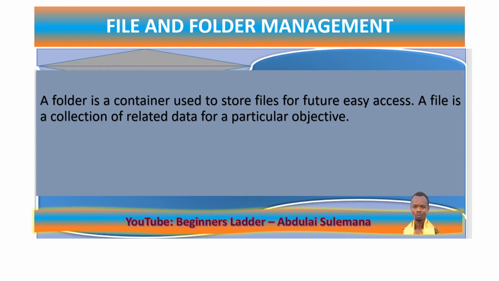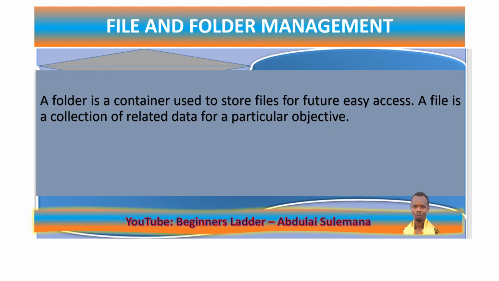And in computer science, a file can be in the form of a program or it can be a document. Are we together? Let's say you've written a program to calculate student grades. That particular program, we call it a file.